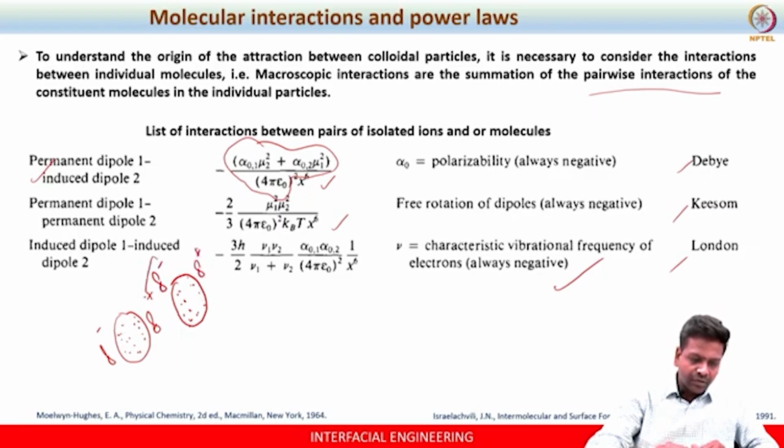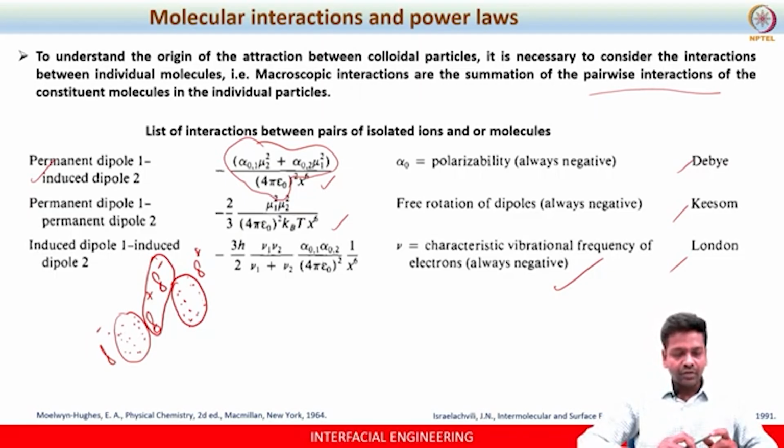There will be electrostatic attraction between these two ends, where you get net positive and net negative. Although it is because of the electrostatic attraction, eventually the main reason for this attraction is the induced dipole, that is, the fluctuation in the electron density.